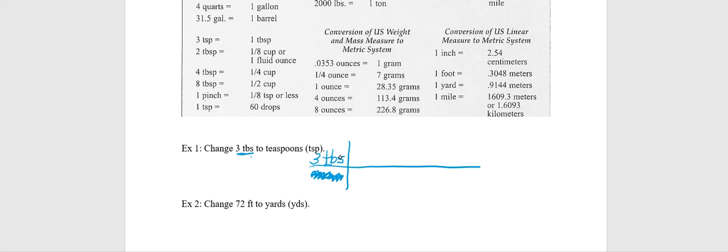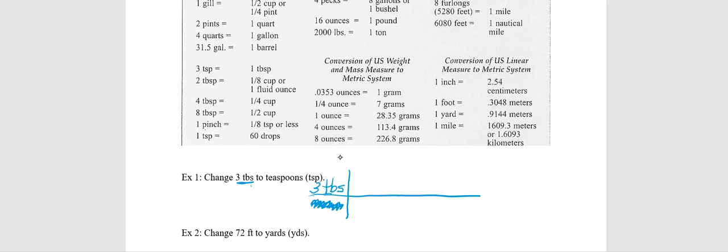Now I put in what I know, which we just looked up: 3 teaspoons is 1 tablespoon. To figure out which one goes where, because we have a top and a bottom, whatever is on top on the left goes on the bottom in the new one. So since I have tablespoons on top on the left, I'm going to put the 1 tablespoon on the bottom. I see this chart uses the P. Some charts use the P, some don't, but TBS is the same as TBSP.